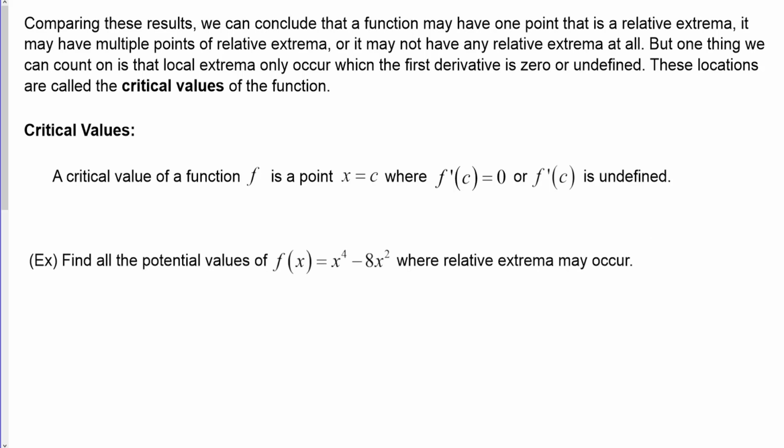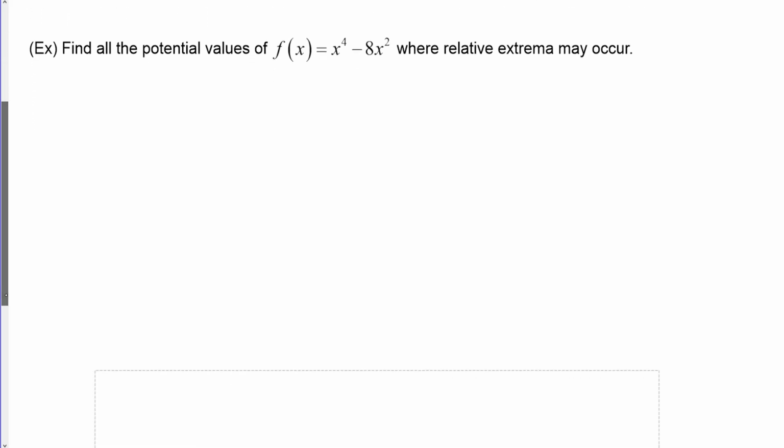Let's work through an example and find all the potential values of f of x equals x to the fourth minus 8x squared, where relative extrema may occur. So to find the points where the relative extrema may occur, first thing that we need to do is find the derivative.